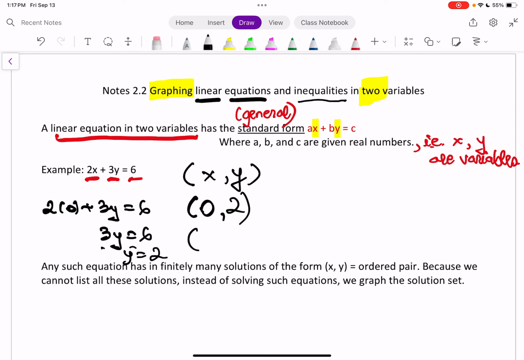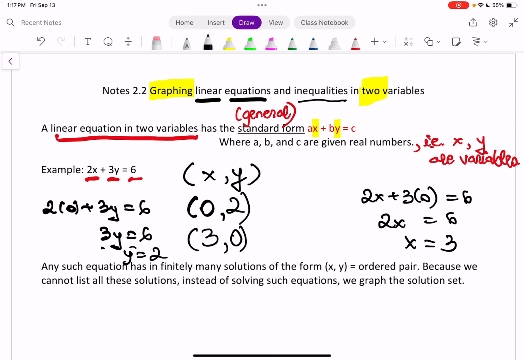Let's say I pick y to equal 0, then how much is the corresponding x? Well, if I pick y to be 0, that simply means I have to substitute 0 for y. And then again, easily, x comes out to equal 3. So there are two solutions that we came up with.